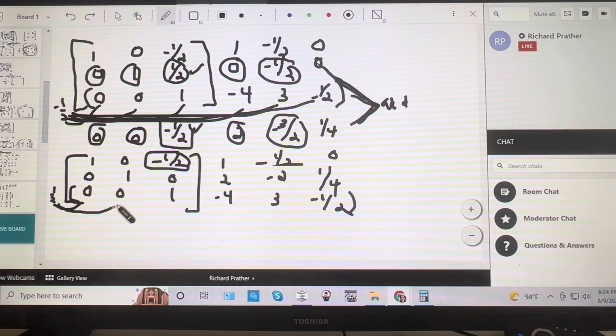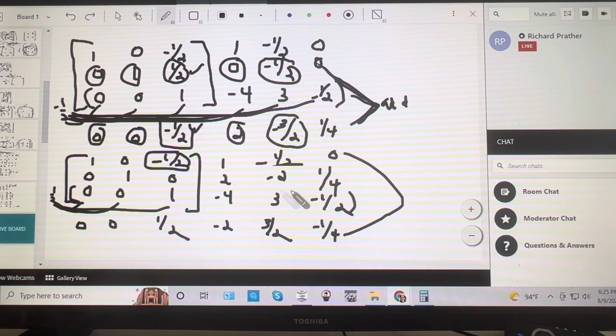A half times 0 is 0. A half times 1 is a half. Half times negative 4 is negative 2. A half times 3 is literally 3 halves. And 1/2 times negative 1/2 is negative 1/4. Add this to the first row, and then you'll get the 0 right here.